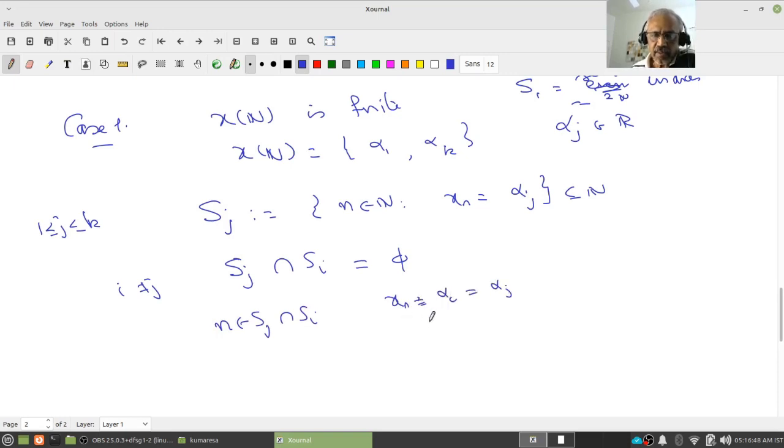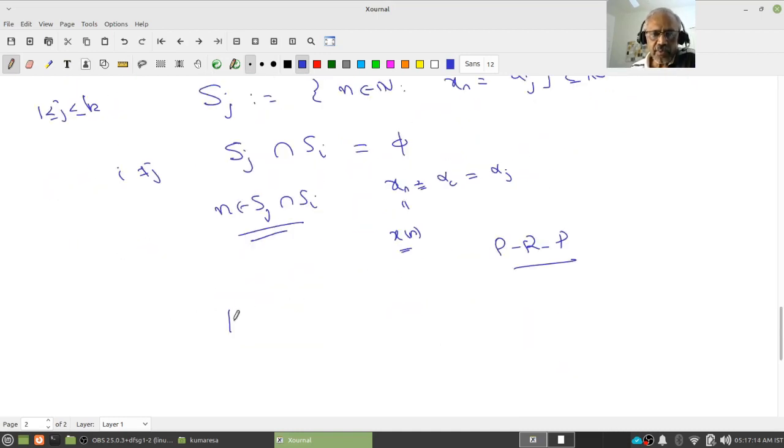But I am assuming i is not equal to j, therefore alpha i is not equal to alpha j. But x being a function cannot take two values at the same point n, right? Therefore there is no such n. You follow this? Make sure you understand this logic.